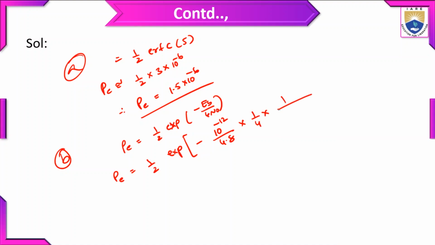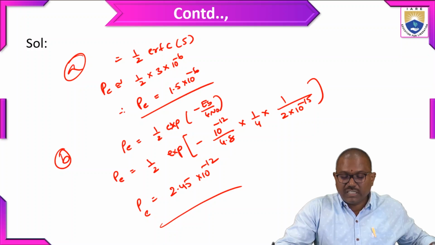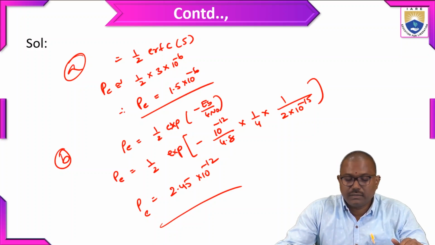So what is N0? This one. By using a calculator, you are going to calculate all this, and the exponential value also you can substitute. Then 2.45 into 10 power minus 12. This is the probability of error for non-coherent version. Okay, so you are going to complete this problem.